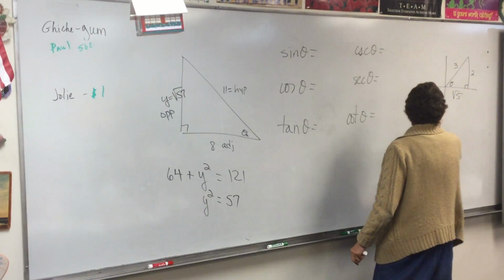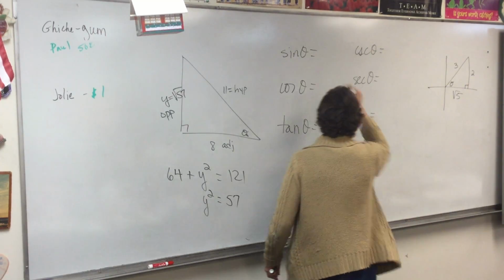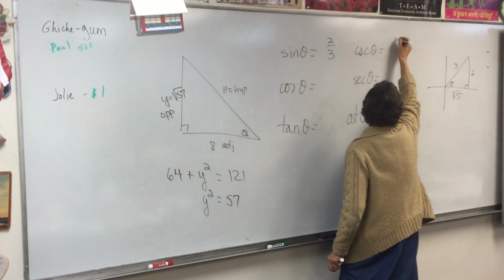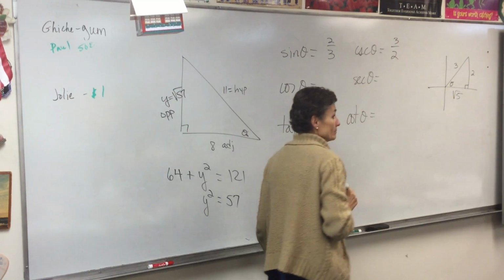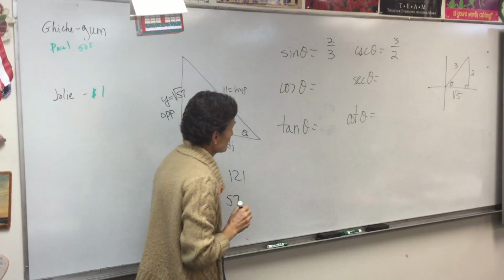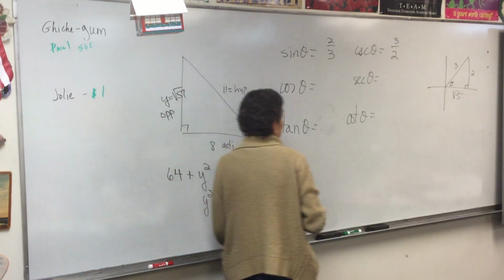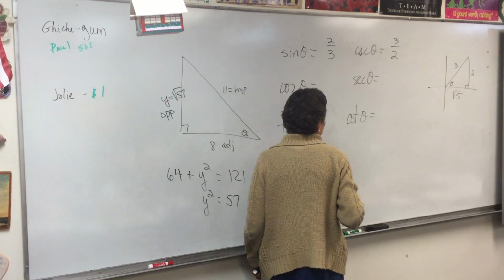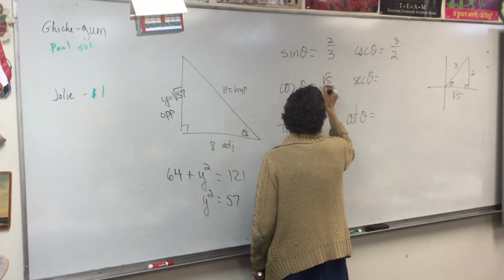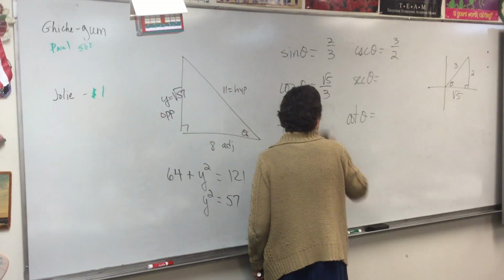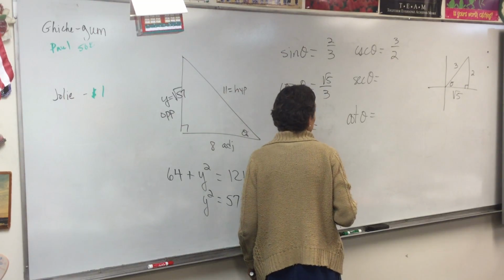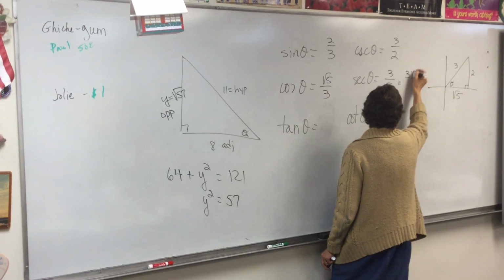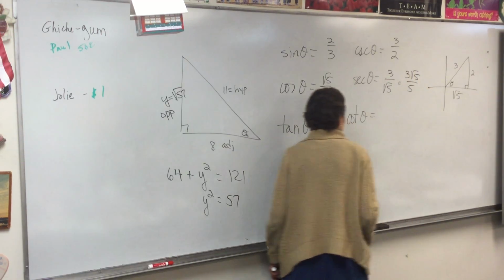And then we need to find all of our functions. Let's use the same spots here. We knew the sine was 2/3, which means the cosecant was 3/2. That was given. What's my cosine? Yep, adjacent over hypotenuse, root 5 over 3. So secant is 3 over root 5, or 3 root 5 over 5. Perfect.